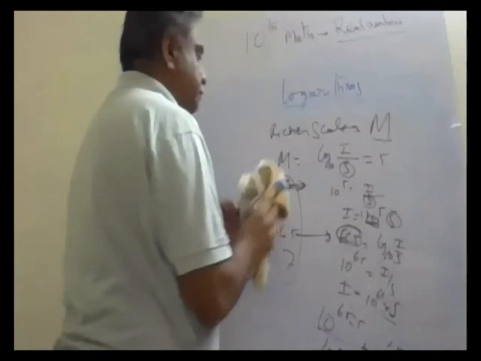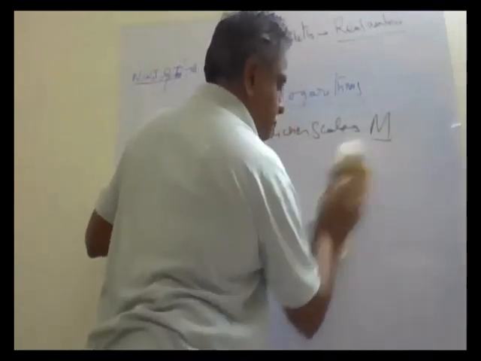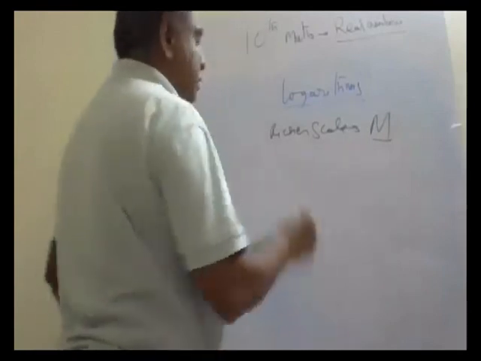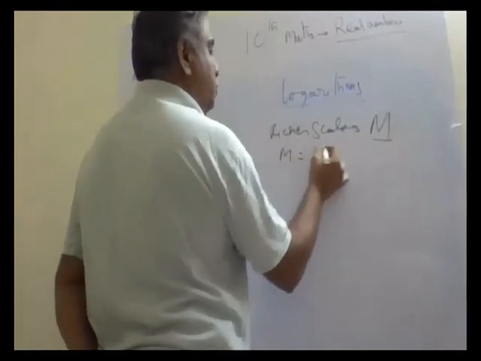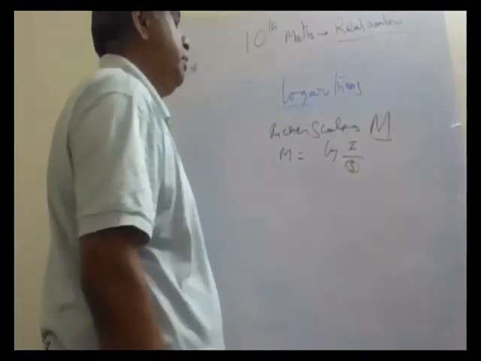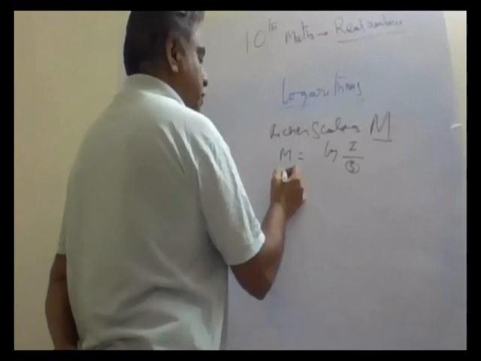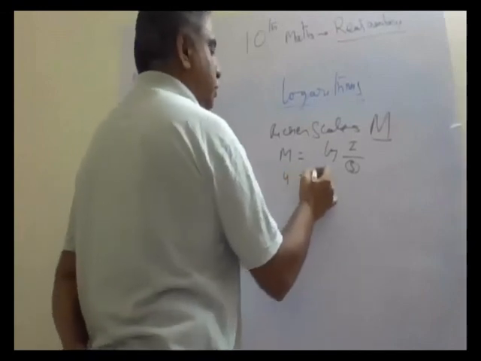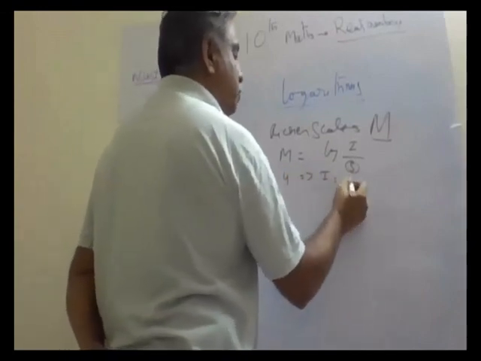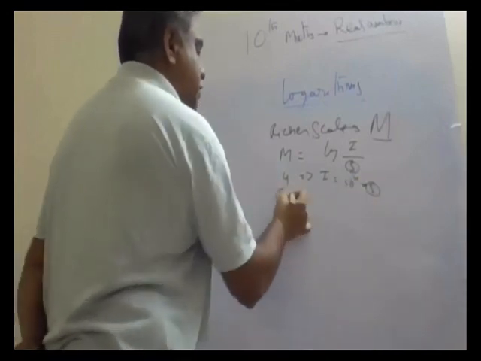M is equal to log of intensity by the standard, where the lowest standard is 1. This is the definition. Suppose M is 4. Then I is equal to 10 to the power of 4 into S. Suppose it is 6.